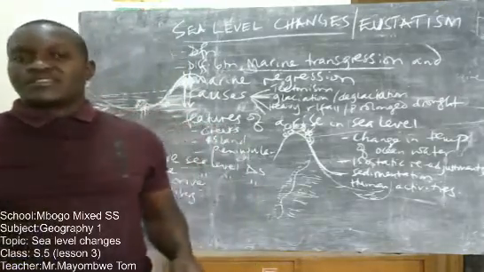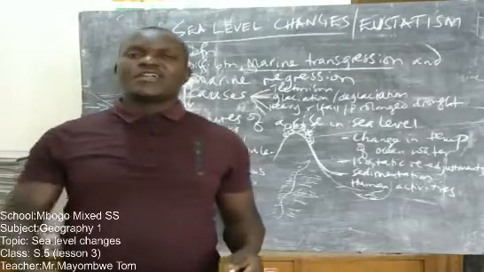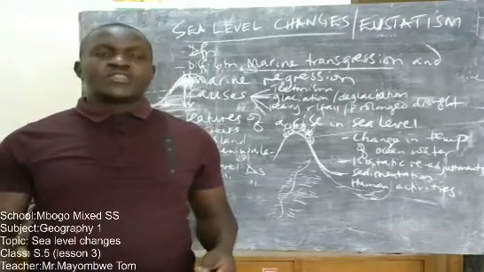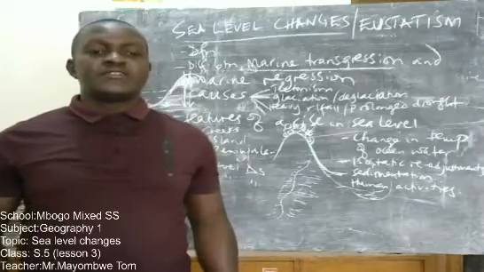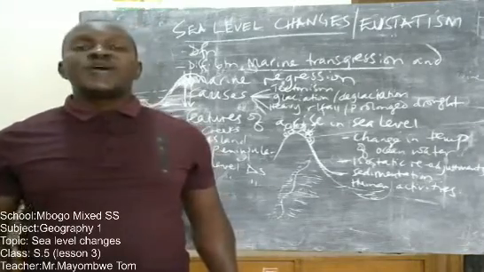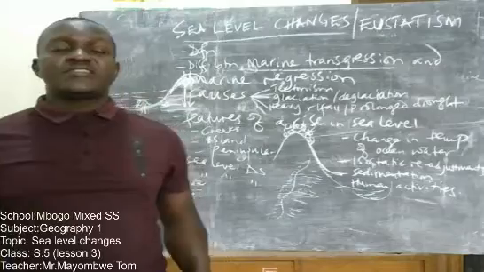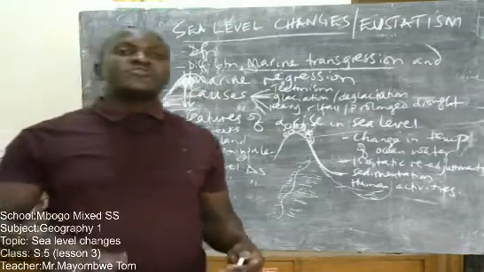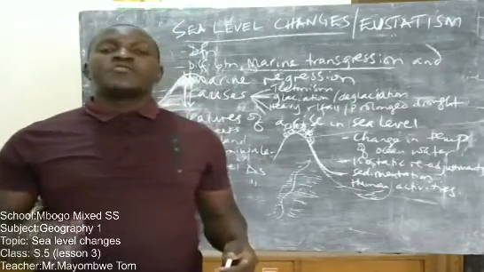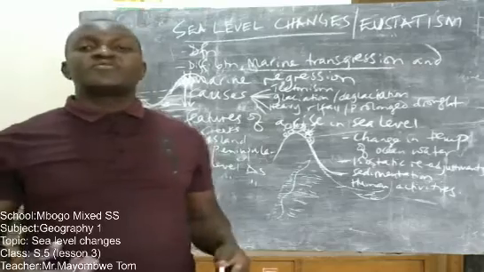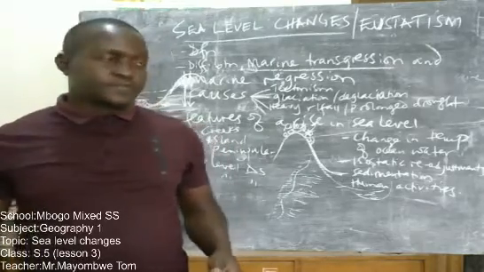You know that volcanicity is associated with heat because that magma is hot. So when the temperature of the ocean water increases, the water molecules expand and it brings about a rise in the sea level. But when there is a decrease in the temperature of the ocean water, the water molecules contract, which brings about a decrease in the sea level.